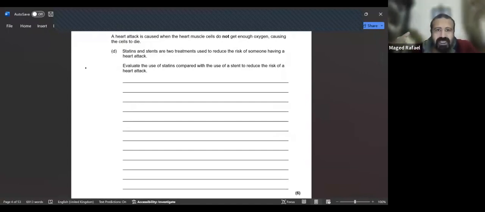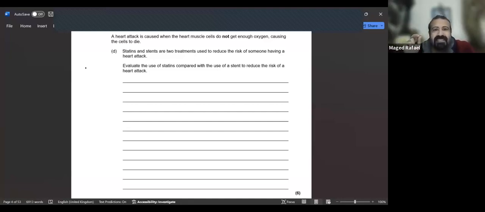Honestly, we did not mention this, but I will mention the idea of statins and stents, the advantage and disadvantage. Statins are a kind of drugs we can use in order to decrease the blood cholesterol level.